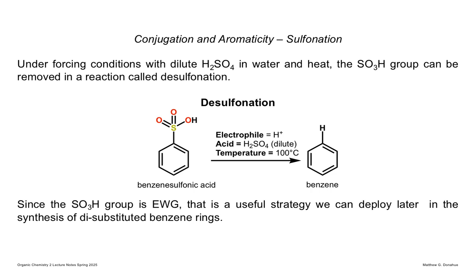Any questions? So put it on, take it off. This is a strategy, as we'll see, when we want to make more complex things, we'll find that we need to arrange the functional groups in a very specific pattern. And so we can use the reactivity of those functional groups to our advantage. So we can get sulfur on.